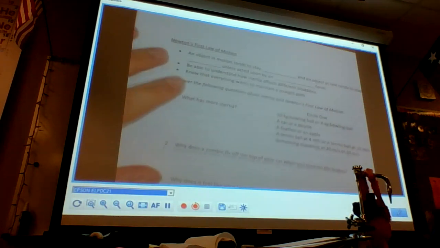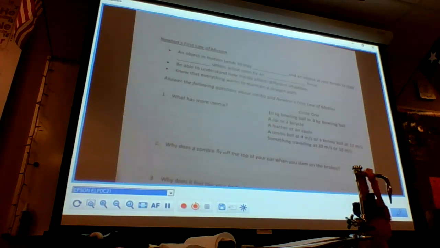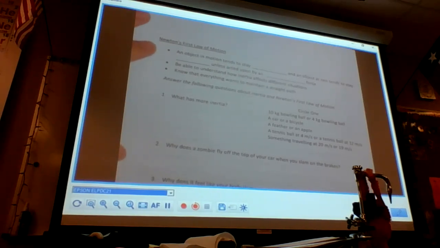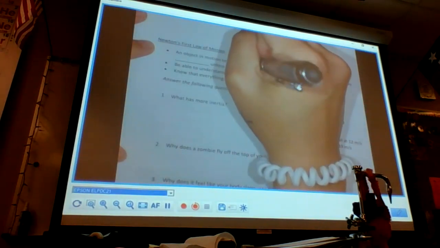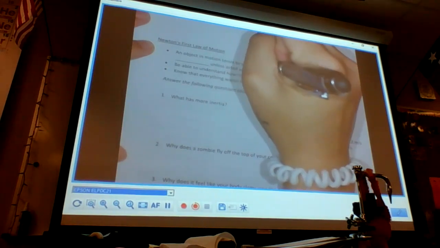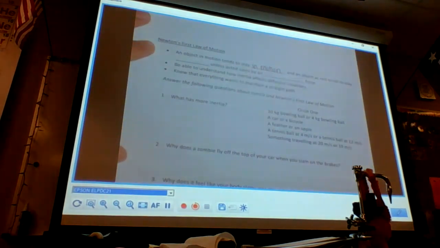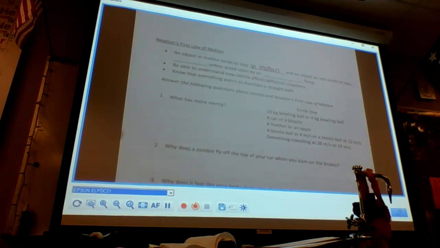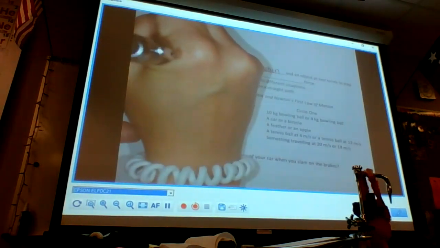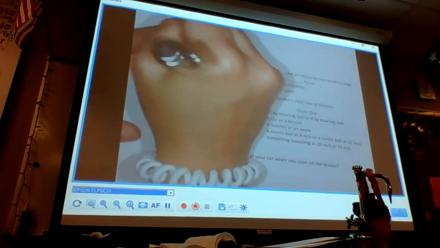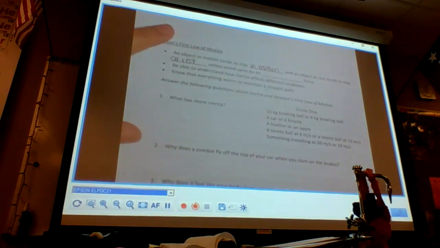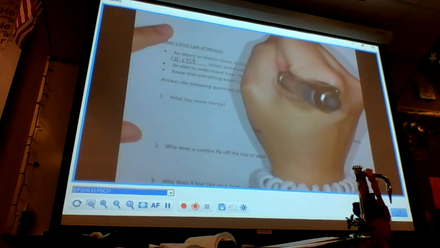Let's talk about Newton's first law of motion. An object in motion tends to stay in motion, and an object at rest tends to stay at rest, unless acted upon by an unbalanced force.